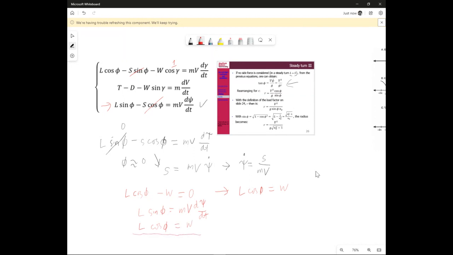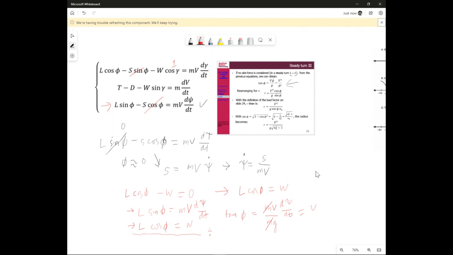Then if you divide this equation by this equation, you get tangent phi, sine over cos, and obviously you have MV d psi dt, and below is W, which is mg, right?